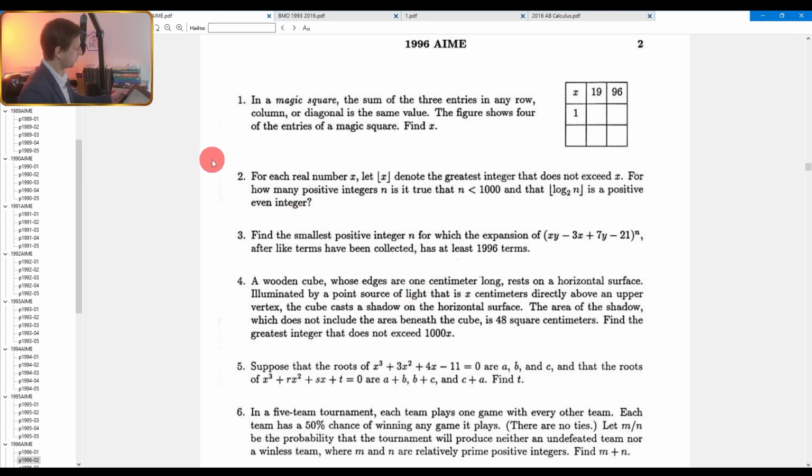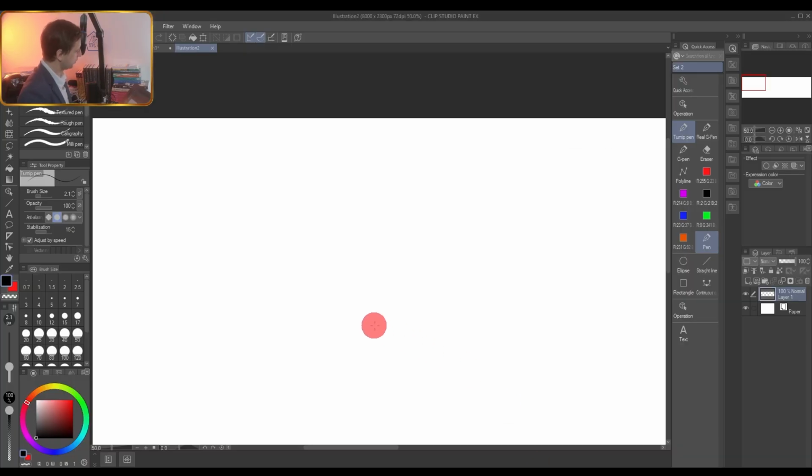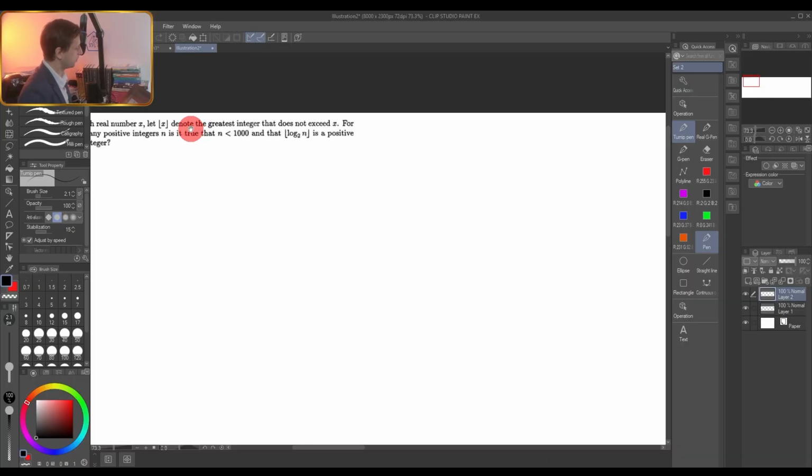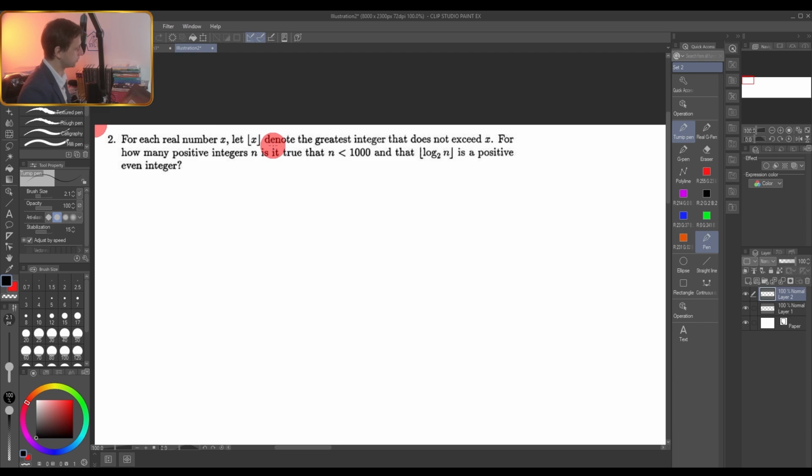Okay, the next one that we solve today is number 2, and if you pay attention to this one, you will quickly figure out that it is a very light, very simple version of a similar problem from AIME 1994. When we solved the previous one, we learned a very simple fact: if you want to look at this number, for example, floor of log 2 n, the best way to do it is to consider that n is always between two consecutive powers of 2.